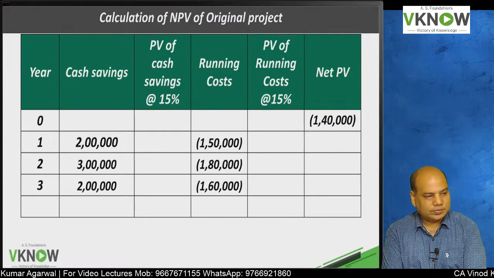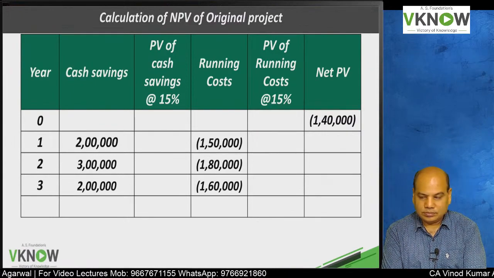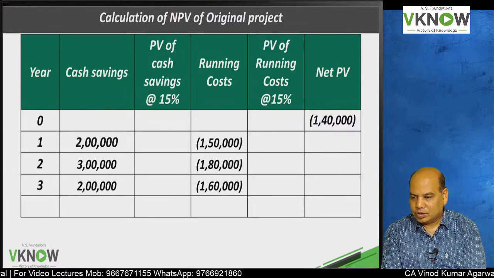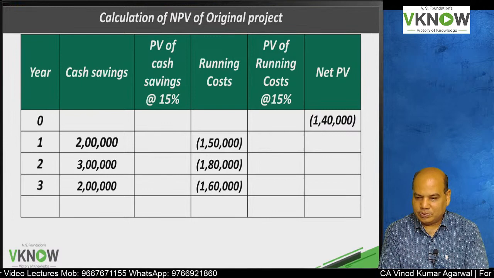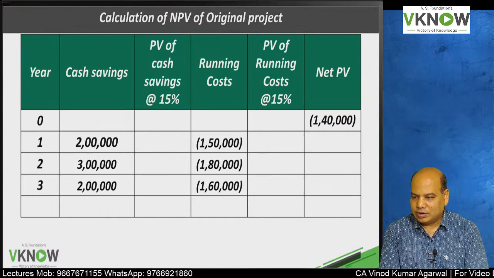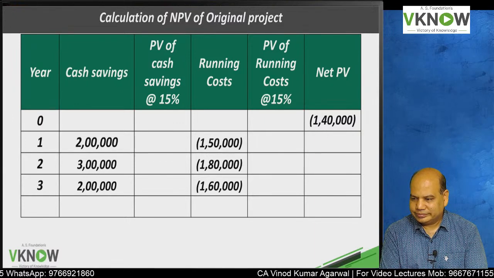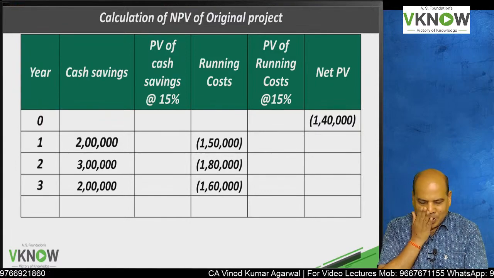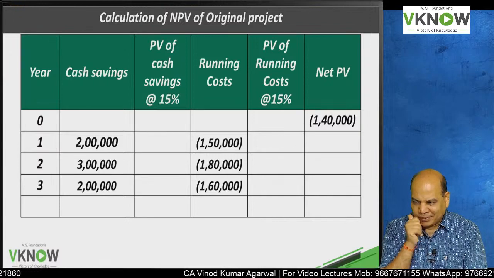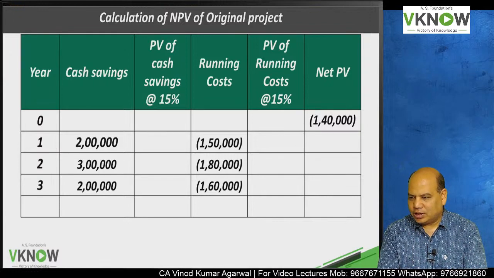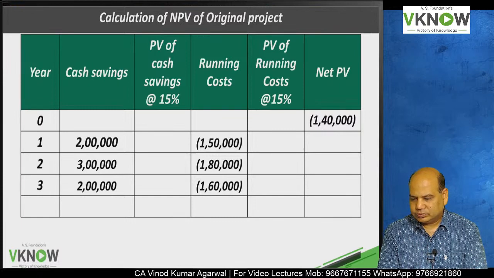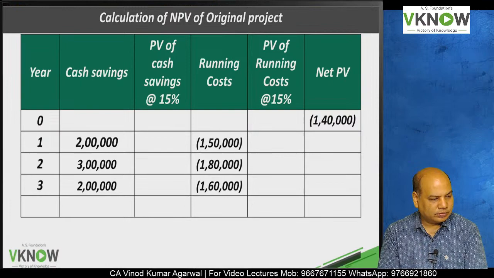Format has 6 columns: year, cash saving, PV of cash saving at 15%, running cost, PV of running cost at 15%, and the last column is net present value.